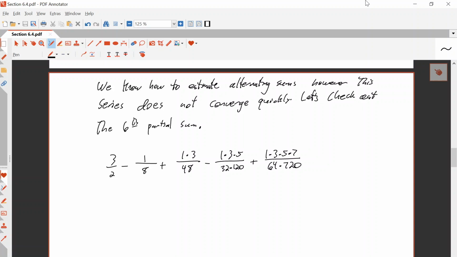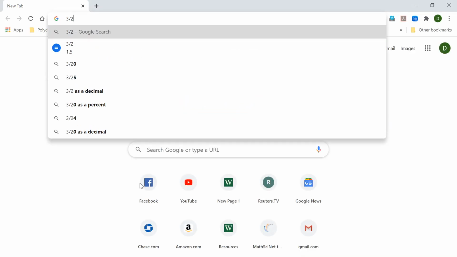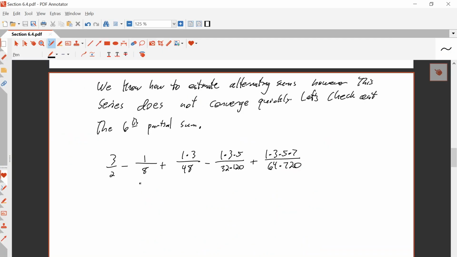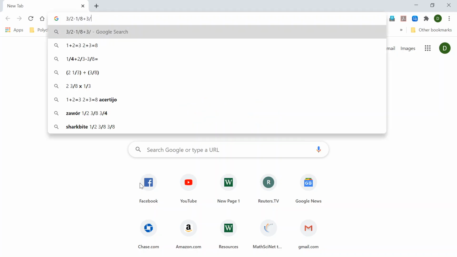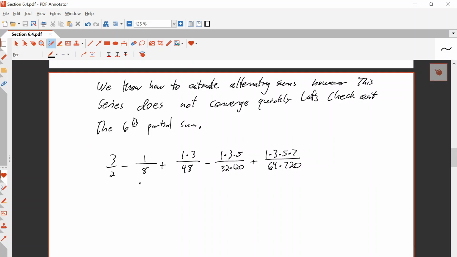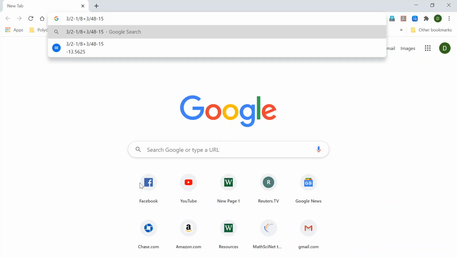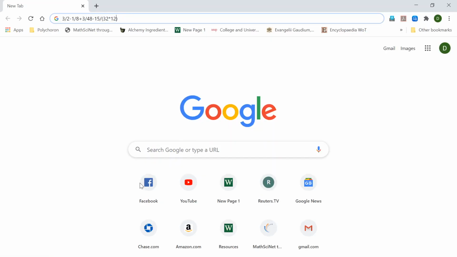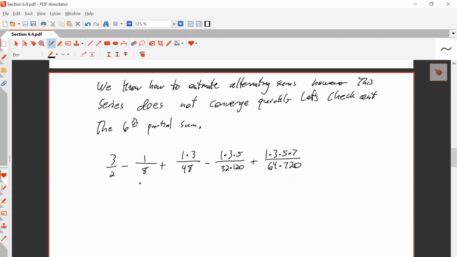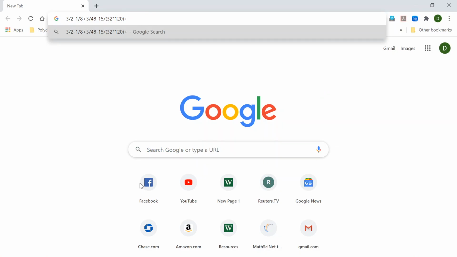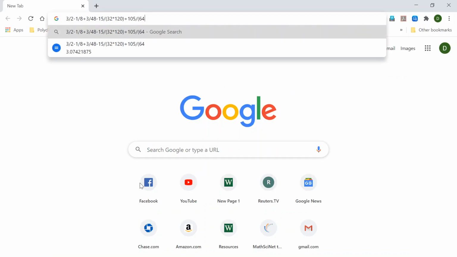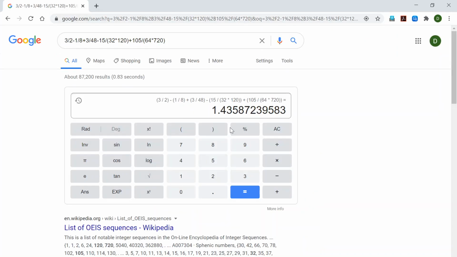We have 3 halves minus 1/8 plus 3 over 48 minus 15 over 32 times 120, plus 15 times 7, which is 105, divided by 64 times 720. And what do we get? 1.43872.